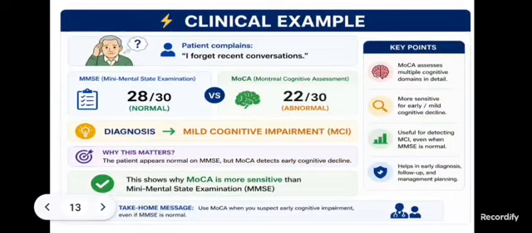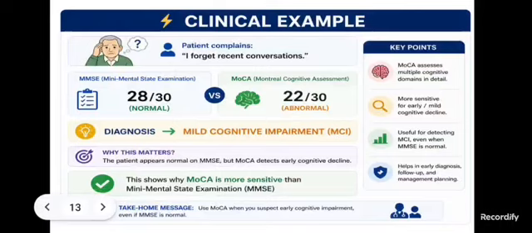Clinical example. In the mini mental state examination, a score of 28 out of 30 is considered normal. But in the Montreal Cognitive Assessment, it is considered abnormal. Say a patient comes to our OPD saying, sir, I am forgetting recent conversations.